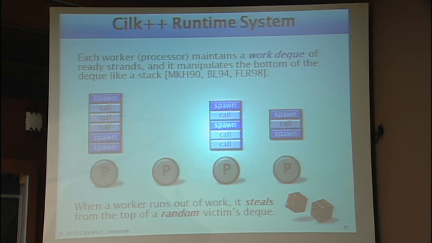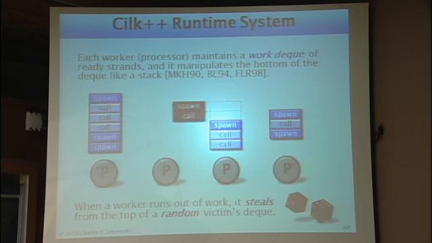It says, let me just go to any other processor, any of the workers, as I call them, and grab away some of their work. But when it grabs it away, it steals it from the opposite end of the deck from where this particular victim is actually doing its work. So it steals the oldest stuff first.